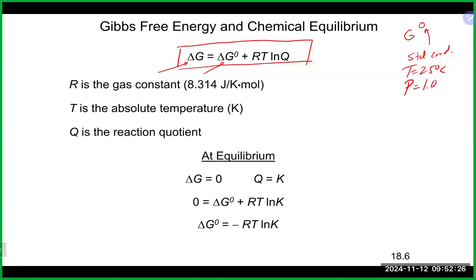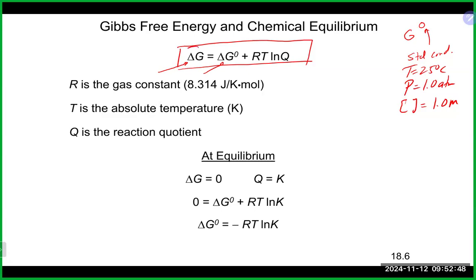If you're dealing with any gases, their pressures are 1 atmosphere. If you're dealing with concentrations, it's usually 1 molar. These are what we associate as standard values, and these are standard conditions. And these are really the values that you would find in a table that you go look up when you do products minus reactants.